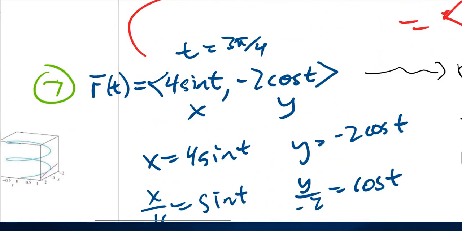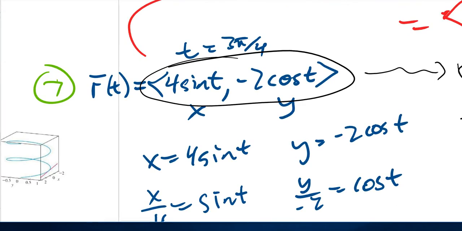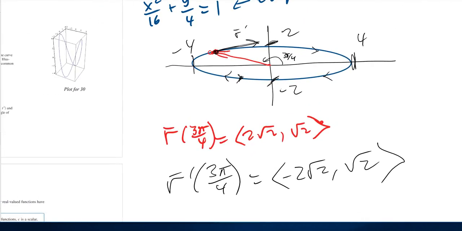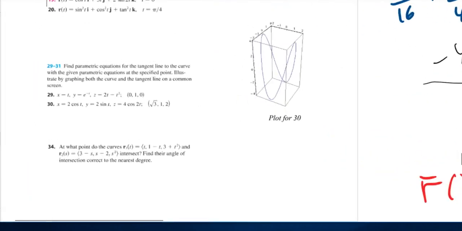See, for the function, it's sine first, and then cosine. When cosine comes first, then it goes counterclockwise. All right, so there you have it. The derivative told me that it's just one more confirmation that it's going in the clockwise direction. All right, so let's move on.